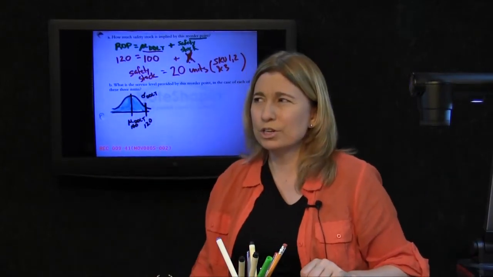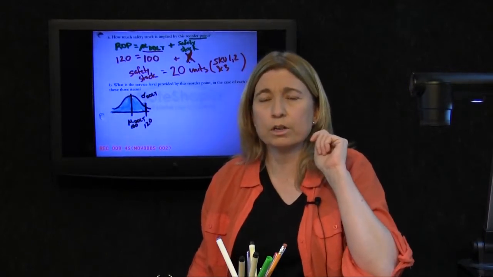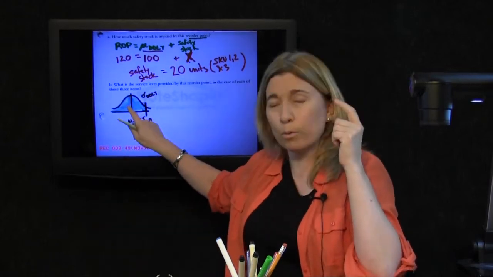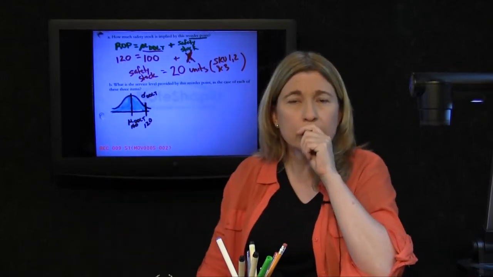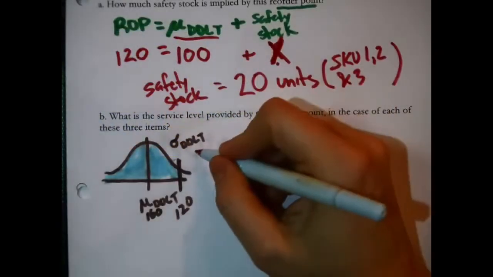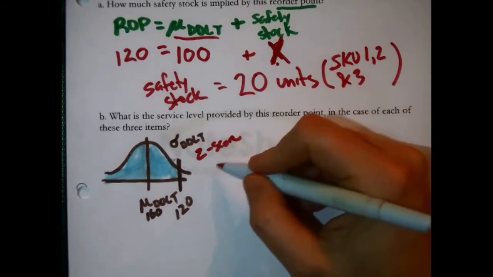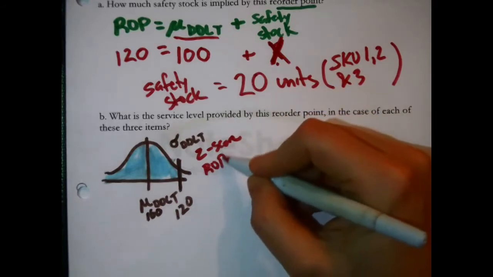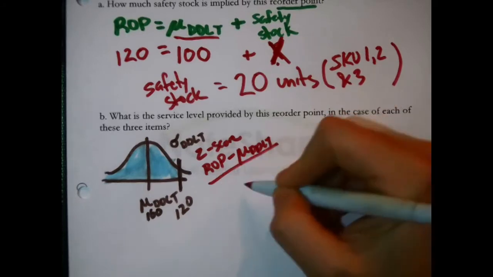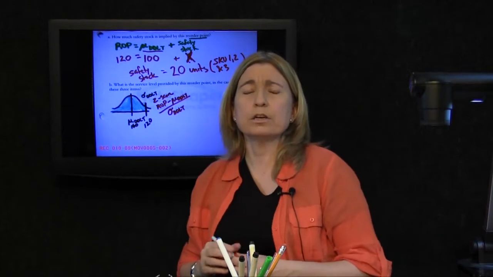I'm going to need to calculate a z-score in the case of each one of the items and look that z-score up on the z-table, and the z-table reports to me that kind of area. Oh, right, all right, now z-score, yes. For each one, I'm going to need to say reorder point minus average demand during lead time divided by the standard deviation of demand during lead time. That is essentially a z-score.